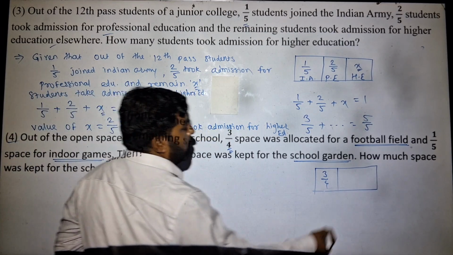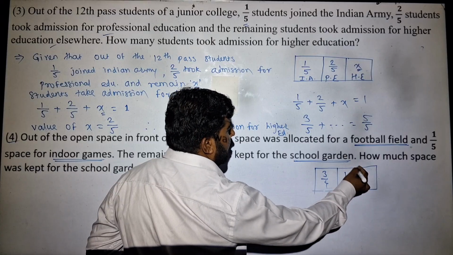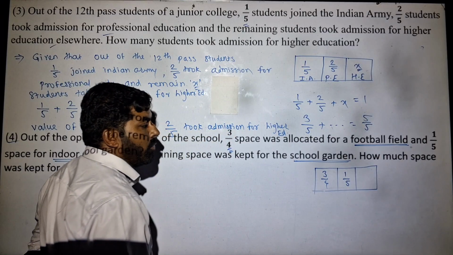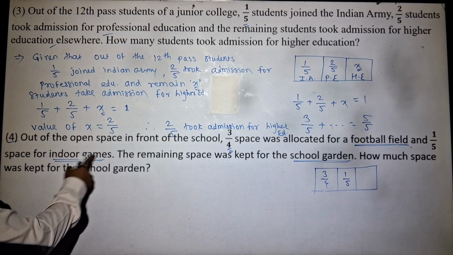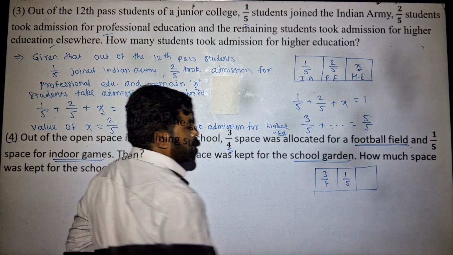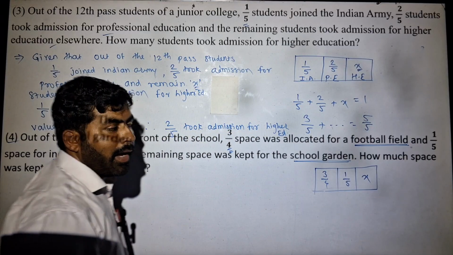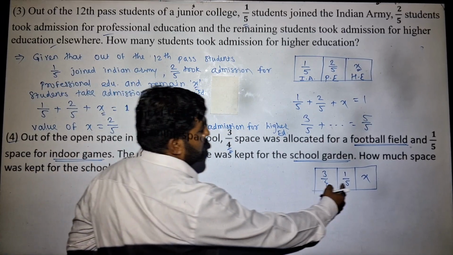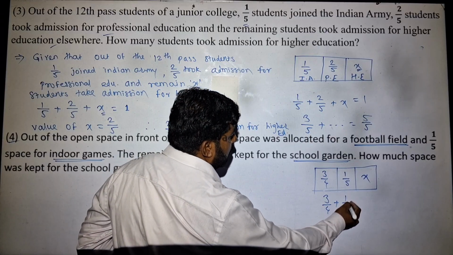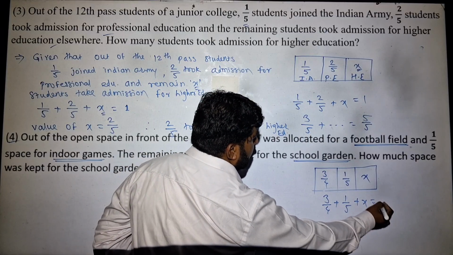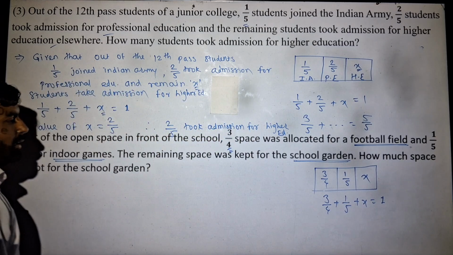Next, 1/5 of the space is occupied for the indoor game. And if we suppose x space is occupied for the school garden, then the sum of these three numbers, 3/4 plus 1/5 plus x, is equal to 1. You can write this answer.